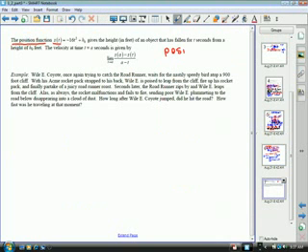Usually in calculus, position is given by x of t or s of t. So what is this the position of? Well, in this case, it's the height of an object that's fallen for so many seconds.